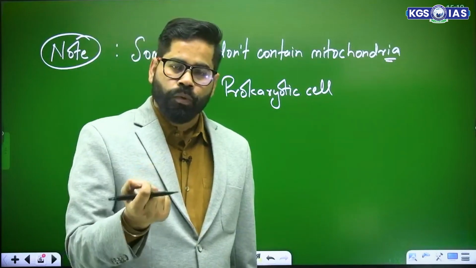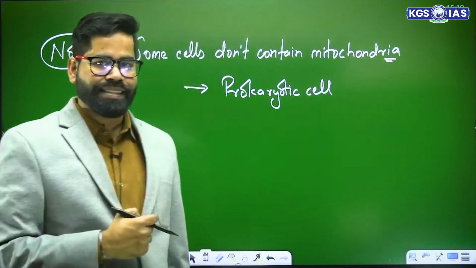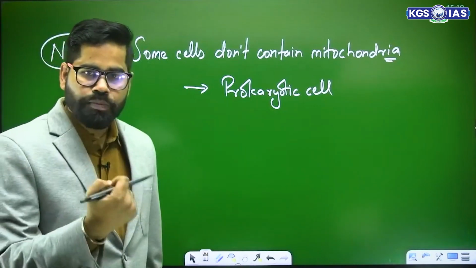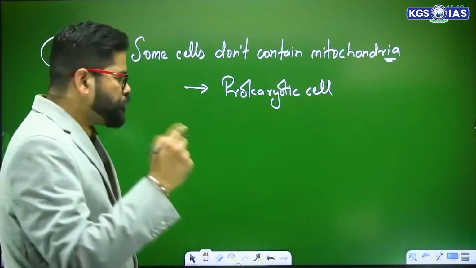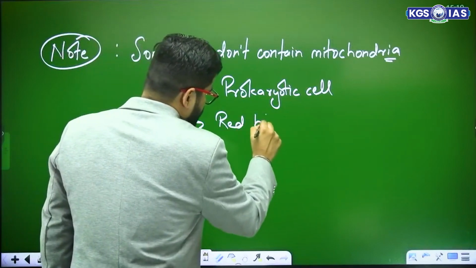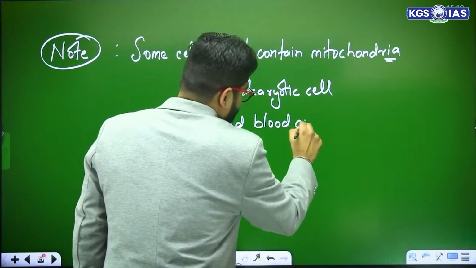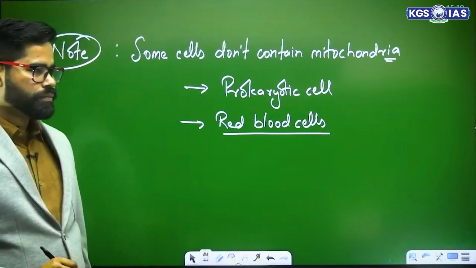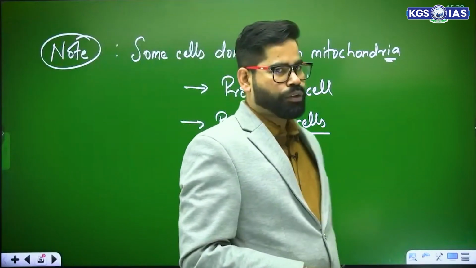But there are certain cells which are having no such mitochondria. One is prokaryotic cell. In human body also, the red blood cells do not have mitochondria.